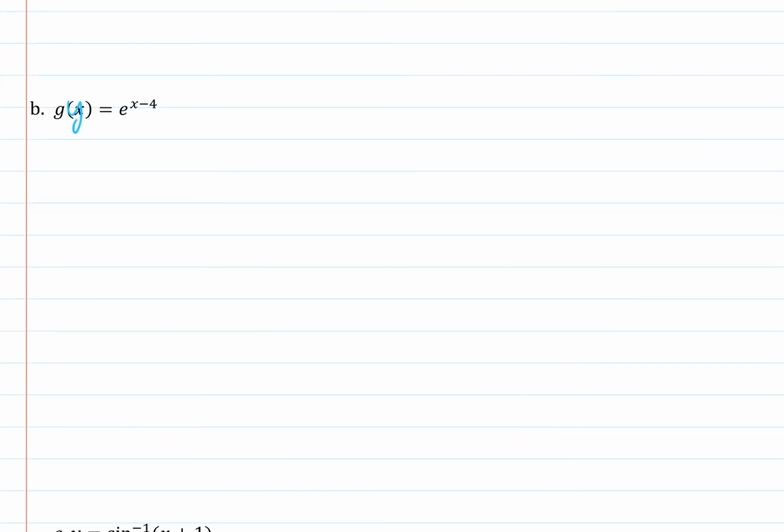Okay, let's find this inverse. Again, all I need to do is recognize this is the same thing as y. I need to switch x and y, and then solve for y. This time I'm going to solve for y by taking the natural log of both sides. Because the natural log and e to a power are inverse functions, they'll undo each other.